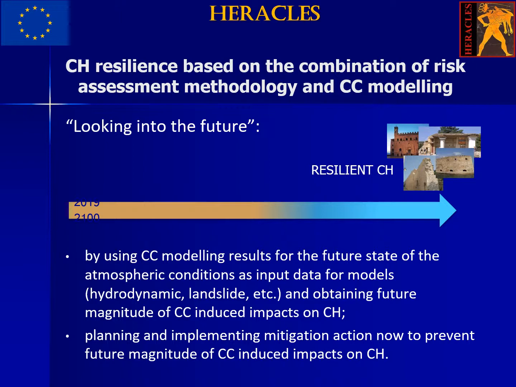Like, for example, wave heights in Heraklion, which may damage cultural heritage assets in the future due to change of wind strength or salinity in the air. So we may see what could happen in the future to cultural heritage assets. Then calculate the amount of risk and act now by planning and implementing mitigation actions to prevent future magnitude of climate change induced impacts on cultural heritage.